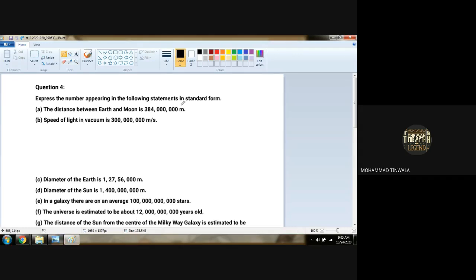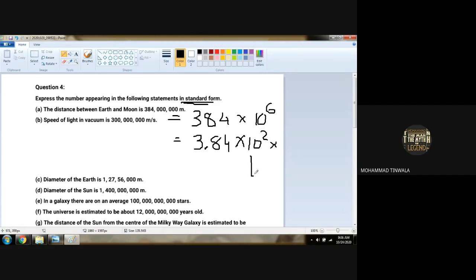So we have to convert all the statements into standard form. So can I keep my first statement as A is equal to 384 multiplied by 10 raised to the power 6? Now to convert this into standard form, 3.84 multiply 10 raised to the power 2 multiply 10 raised to the power 6.